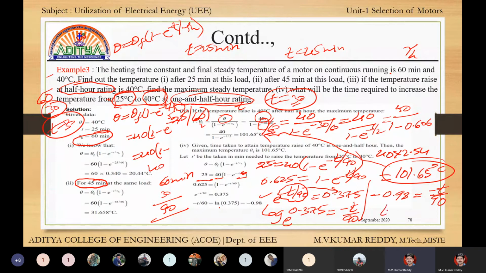Now the t value is 0.98 into 90, which is 88.2 minutes. Okay, 88.2 minutes. This is the fourth problem.